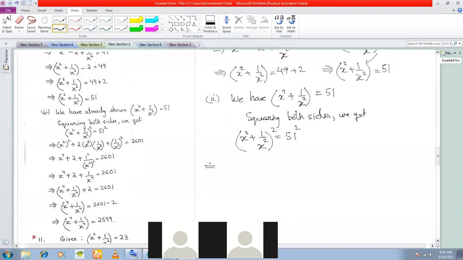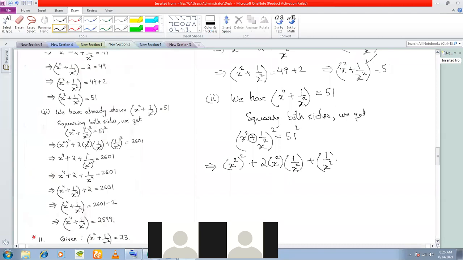Okay. Now we expand, again, a plus b whole square. There's a plus sign here. So a square, because a is x square, plus 2ab, b is 1 by x square, plus b square.